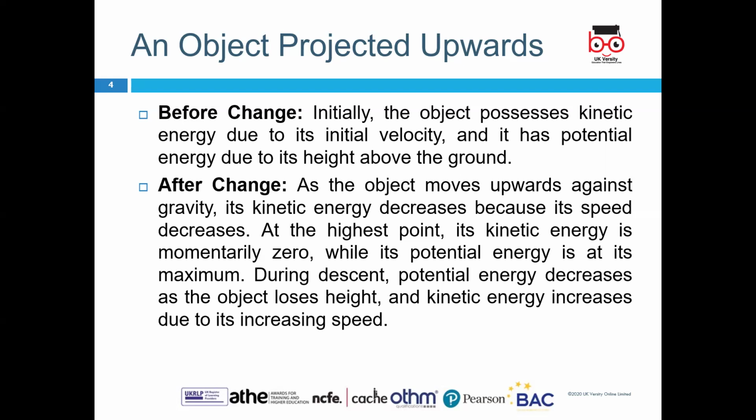At its highest point, its kinetic energy is momentarily zero, beyond which it starts falling, while its potential energy, which is the energy measured from the ground to the height at which the object is placed, is at its maximum.